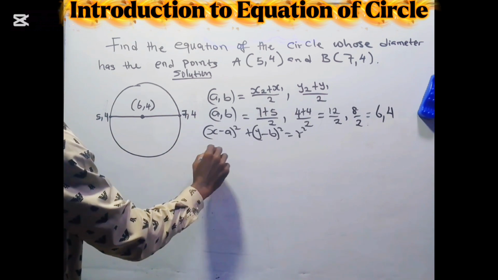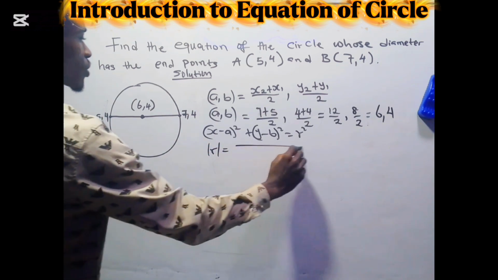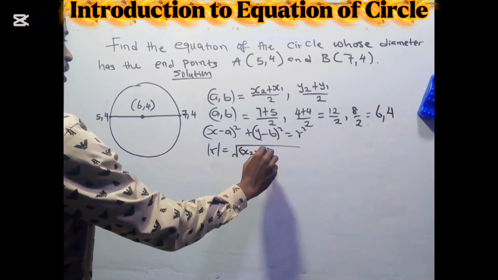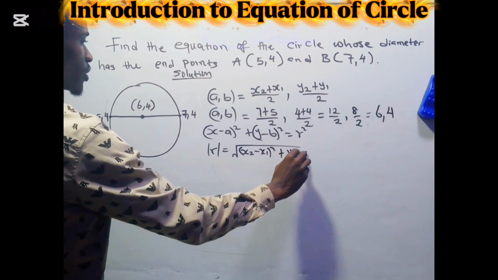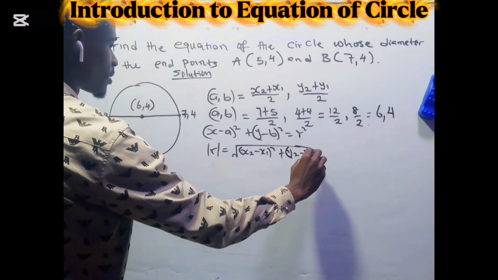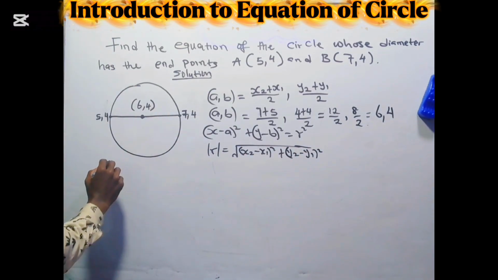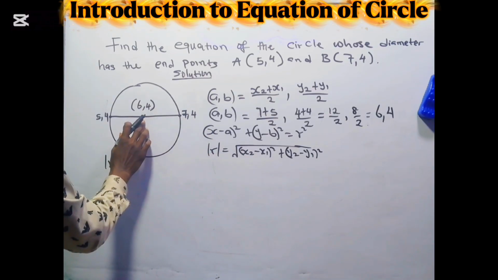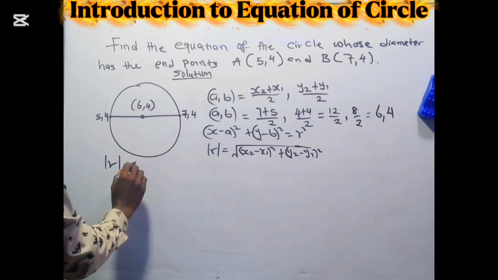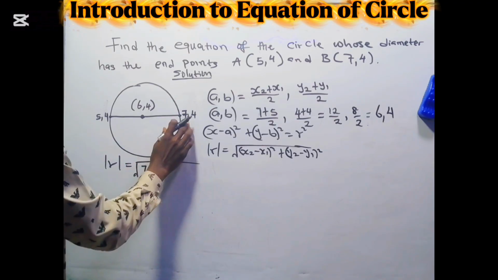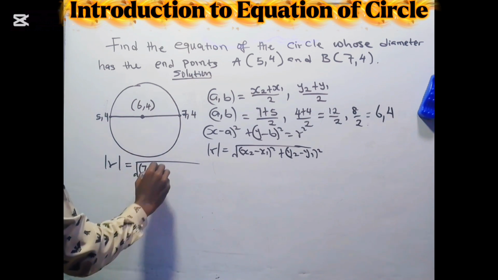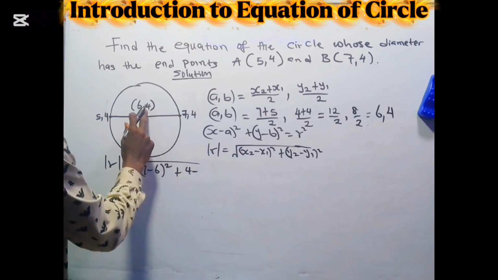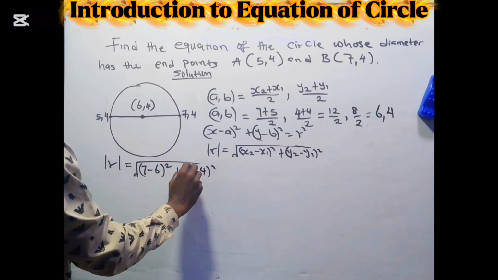So now r equals the square root of (x2 minus x1) squared plus (y2 minus y1) squared. So distance r will be equal to, if you are using from the center to this end, our x2 will be 7 minus x1, that is 6, squared, plus y2, which is 4, minus y1, which is 4, squared.